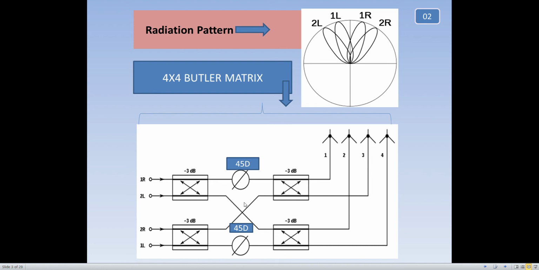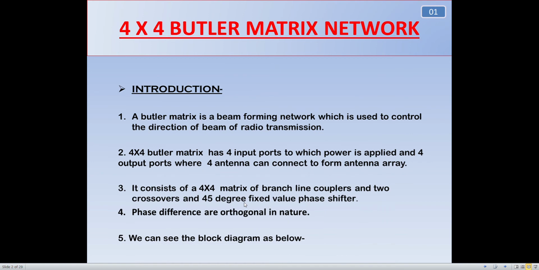Let's come here and see some basic facts about the Butler matrix network. This is a beam forming network. If we are supposed to transmit or receive our signal in a confined direction, then we will be looking for a Butler matrix network. As we have seen, it has 4 input ports and 4 output ports.